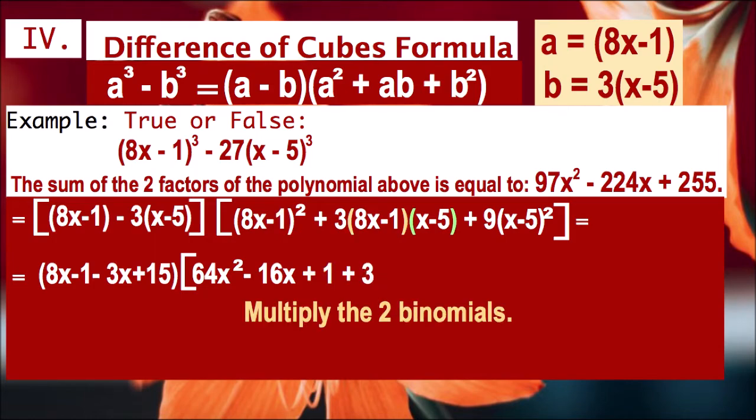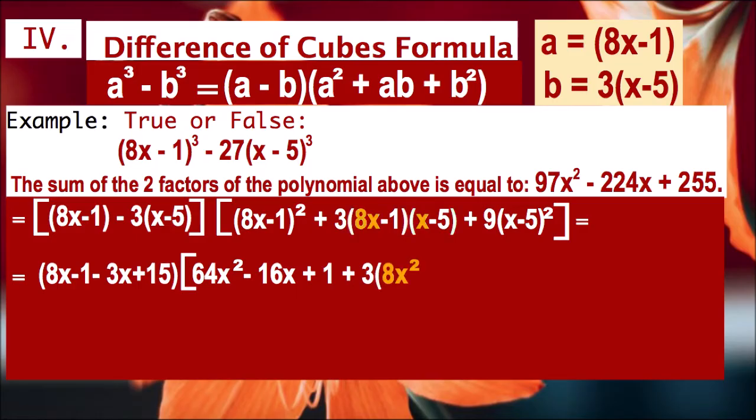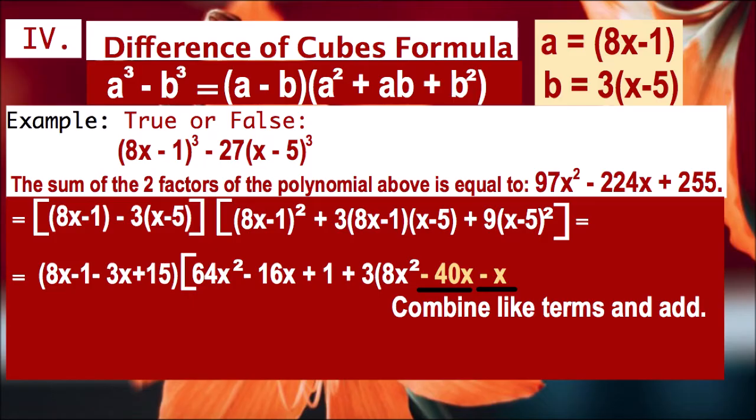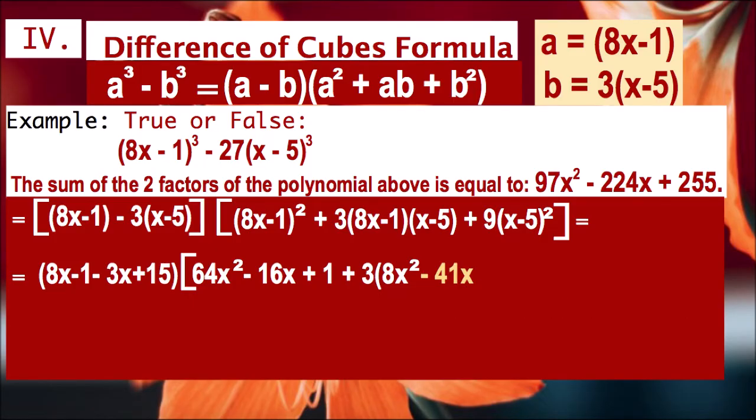Now in our second term, we're going to multiply the two binomials, obtaining 3 times the quantity 8x squared minus 40x minus x, which we can combine right there. We see they're easy to combine. That's negative 41x plus 5, the product of negative 1 and negative 5.